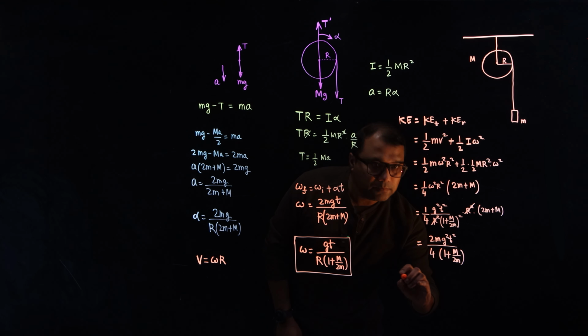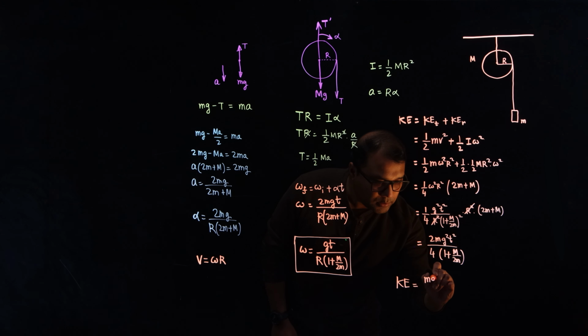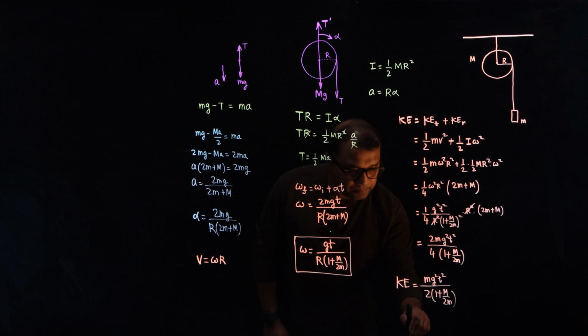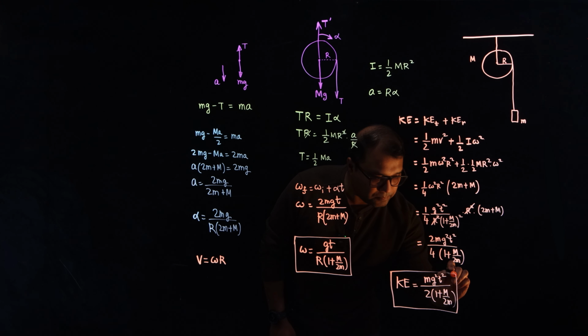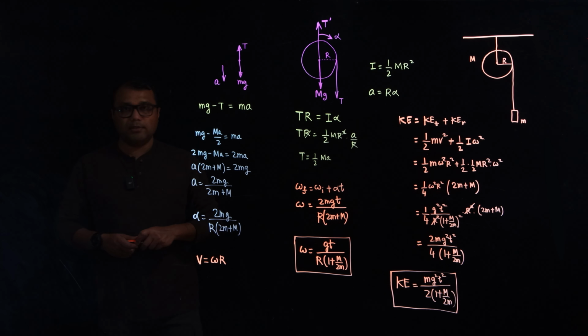So total kinetic energy we can write as m g square t square by 2 times 1 plus M by 2m. Okay, so that's our solution.